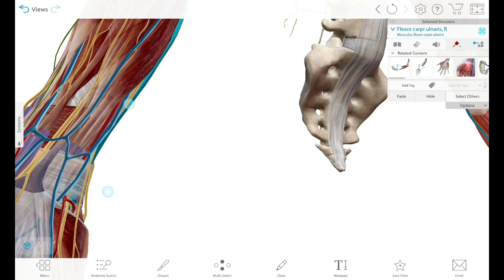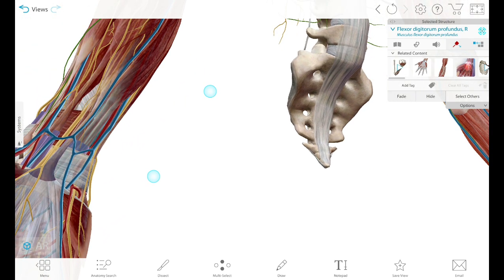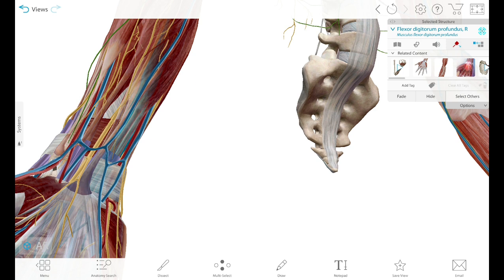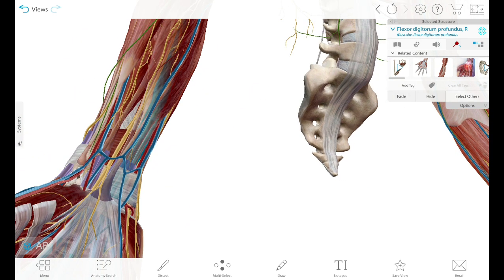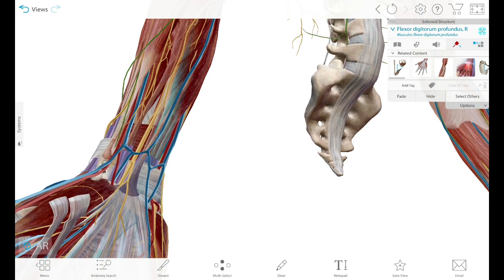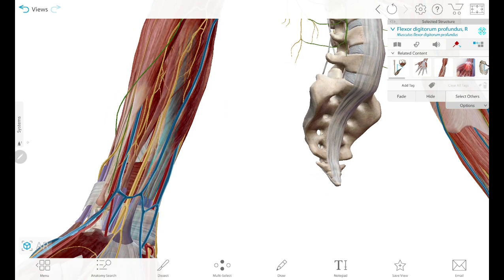So this over here is the flexor digitorum profundus muscle, and it is lying deep to the flexor digitorum superficialis. So the medial half of the flexor digitorum profundus is supplied by the ulnar nerve, but the lateral half is supplied by the median nerve.